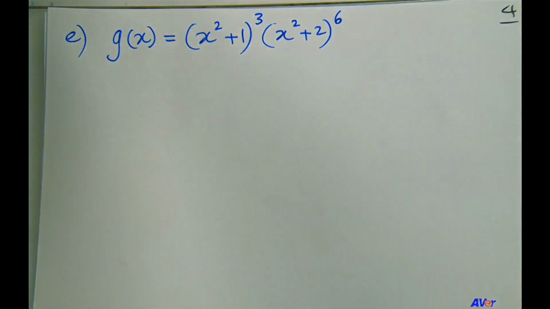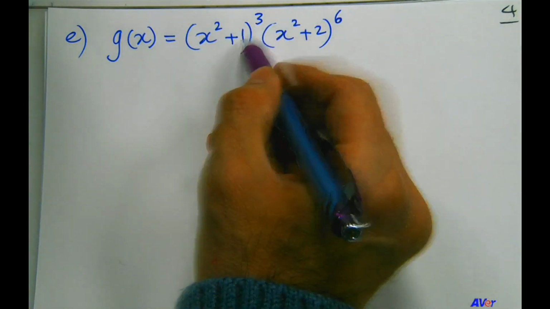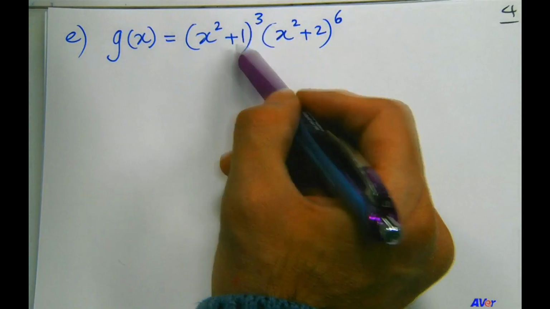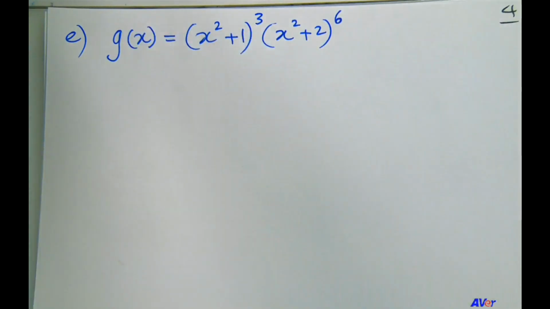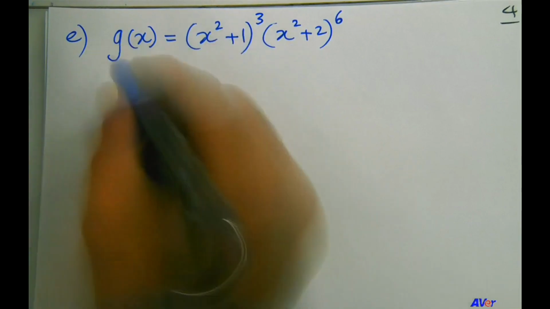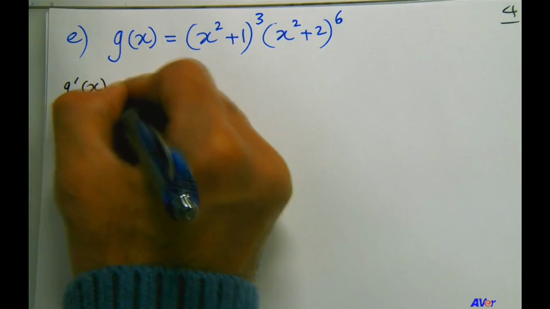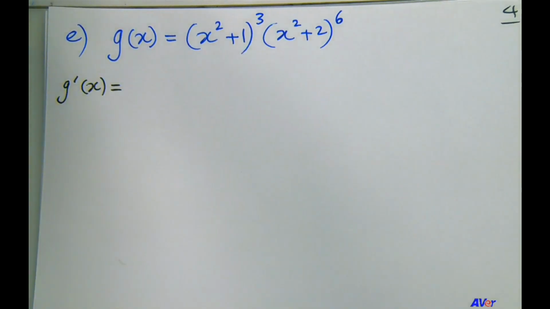So we're kind of more familiar with these, right? But still, we have to apply the chain rule. We're familiar with the product rule, though. We saw it before. So we have g prime of x equals.